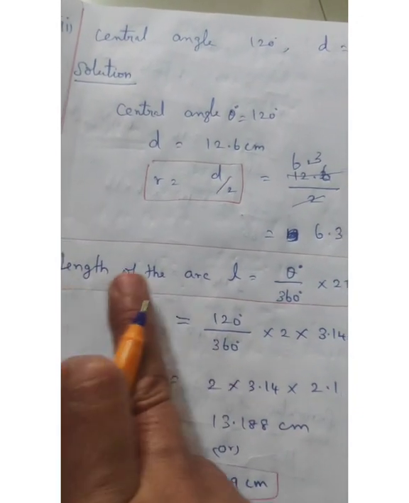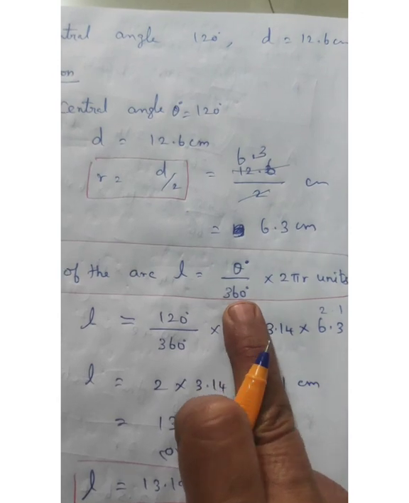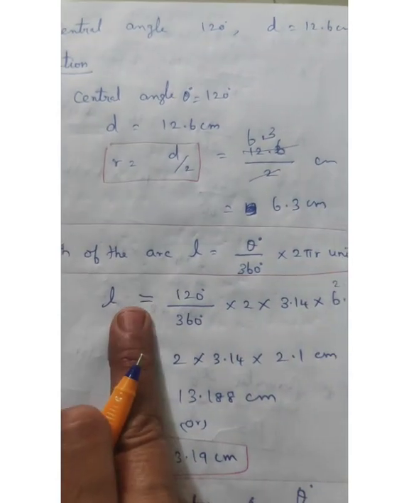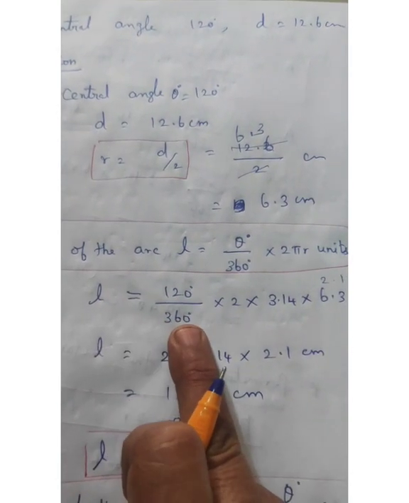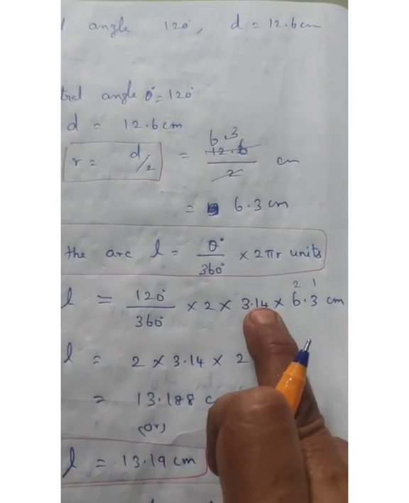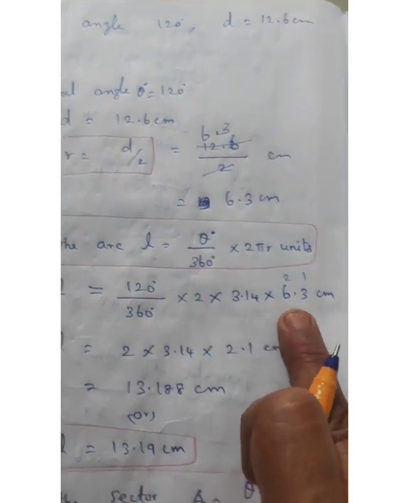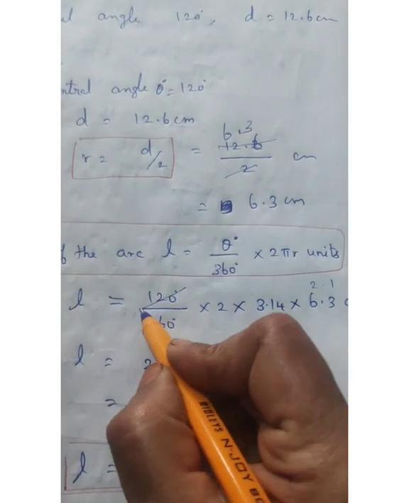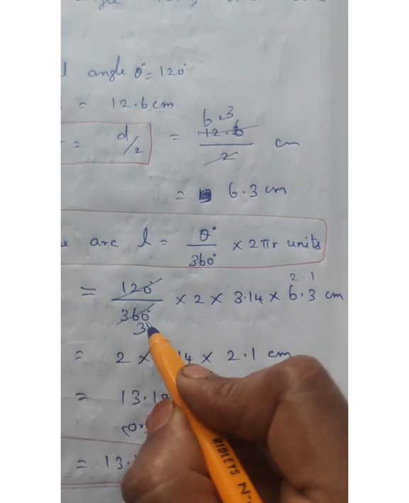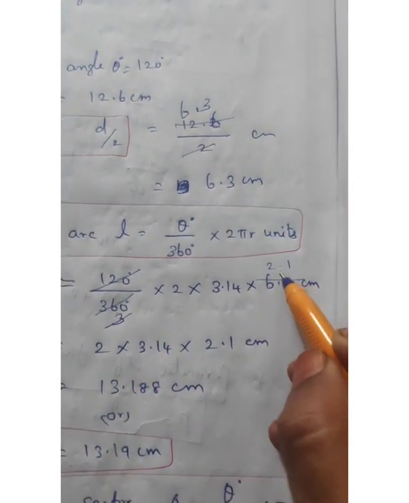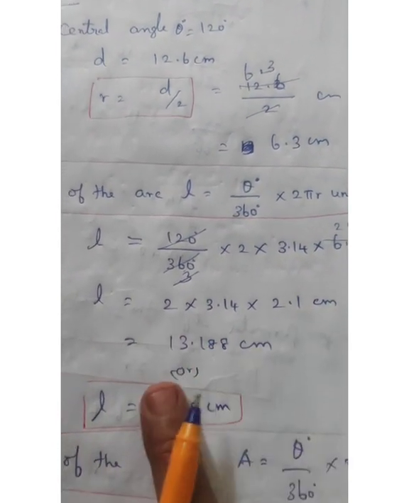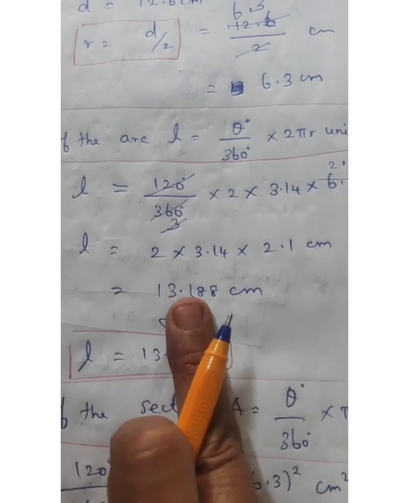First find the length of the arc. L equal to theta degree divided by 360 degree into 2 pi r units. L equal to 120 divided by 360 degree into 2 into pi value 3.14 into r value equal to 6.3 centimeter. 120 is 120, 120 is at 360 degree, 1 3 is 3. 2 into 3.14 into 2.1, multiply all and get the answer equal to 13.188.